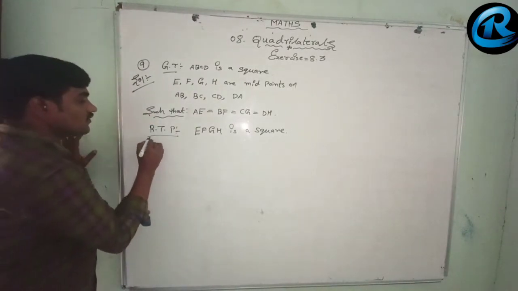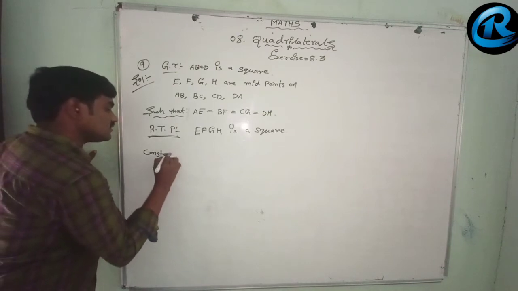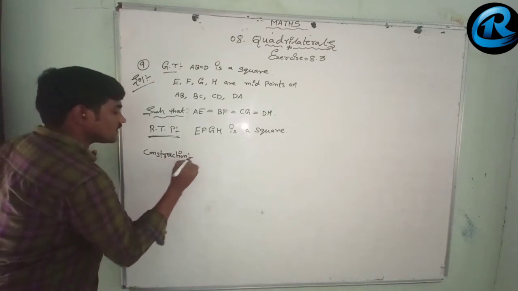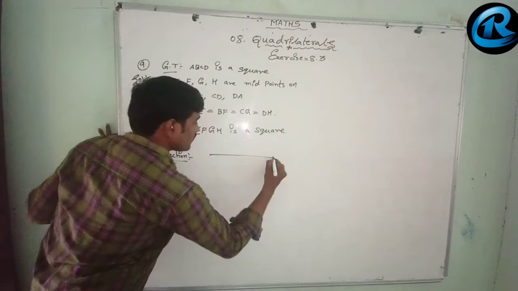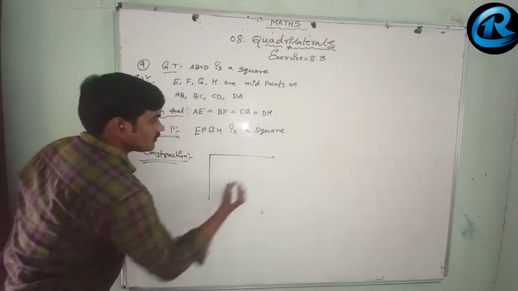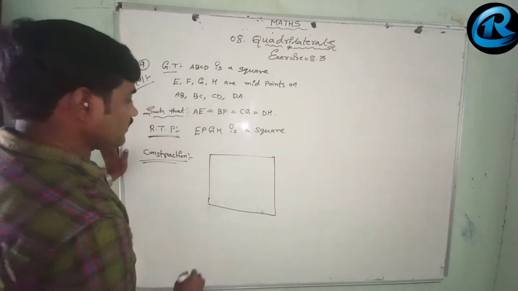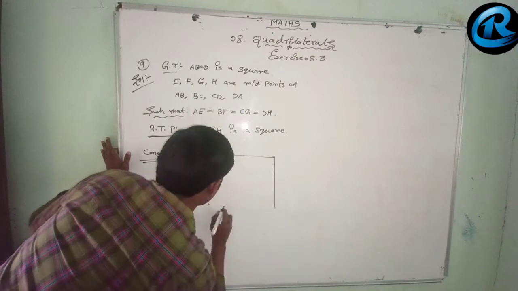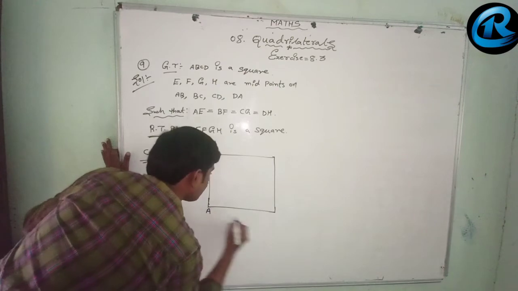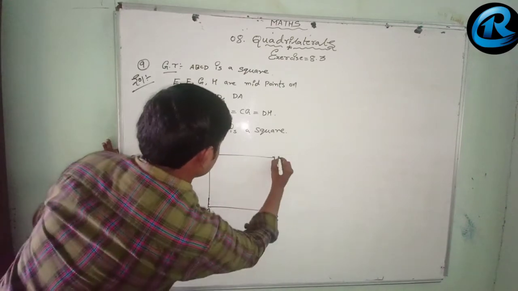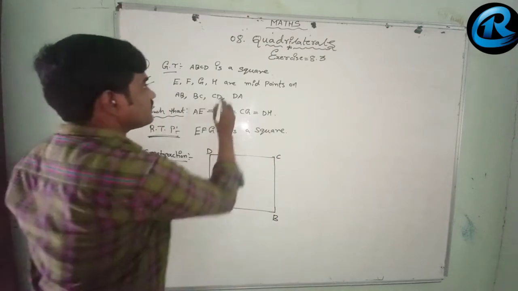So let us see that. Let's go for the construction now. See what he said: ABCD is a square. So let us draw that. Here A, this is B, this is C and D. ABCD is a square and E, F, G, H are midpoints.